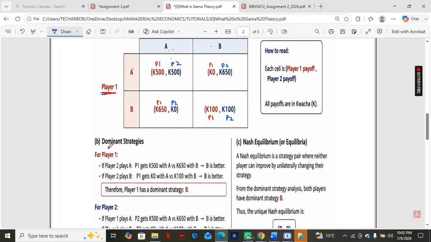So the dominant strategy of player 1 is going to be based on what player 2 chooses. Okay, colleagues? The dominant strategy of player 1 is going to be dependent on what player 2 chooses.